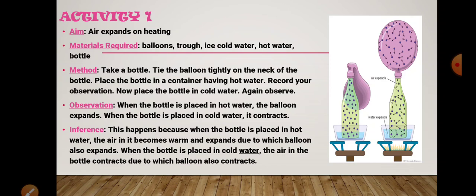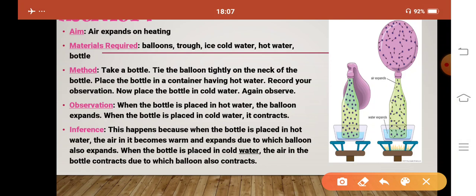Now what will you observe? When you place the bottle in hot water, the balloon expands, and when the bottle is placed in cold water, it contracts. Let's see again. When you place the bottle in cold water, the balloon will contract. Why?